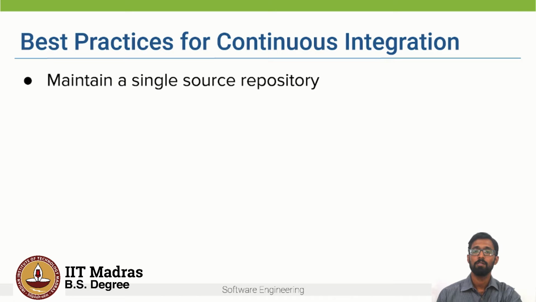So you maintain a mainline or a master branch, and most people should work on this branch most of the time. Of course, you can have a few branches for testing new features, for bug fixing, etc. But most of the people should ideally work in the master branch at all times.